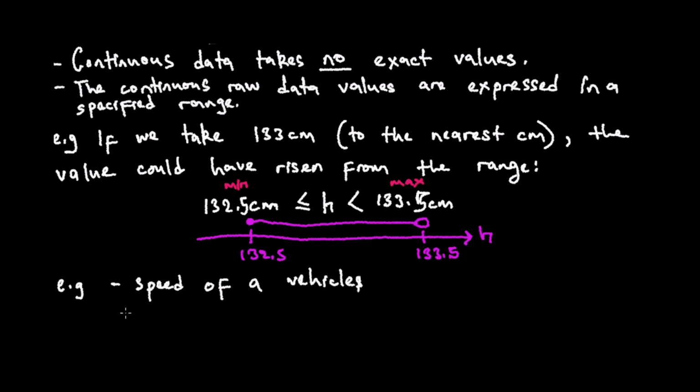The mass of a cooking apple, and the mass of an object, is also an example. If it says the object weighs 100 kgs, it could be 100.003. It's continuous, it's not exact. Then we can also talk about the time taken by a volunteer to perform a task. So time taken for a task is also an example.